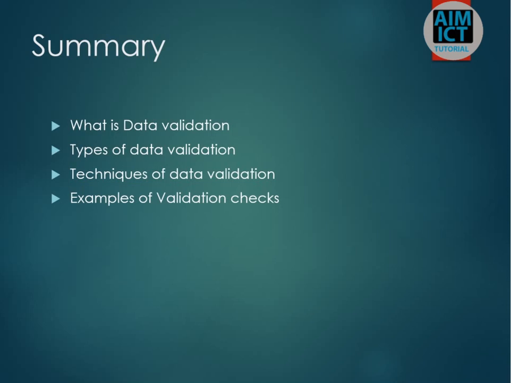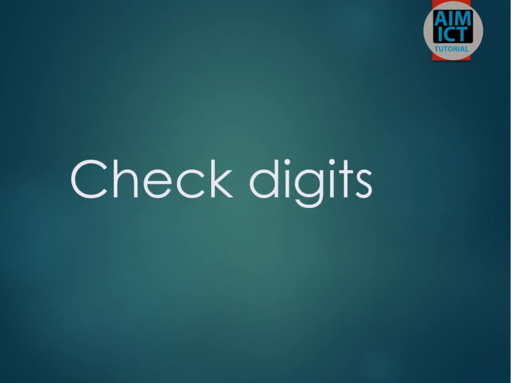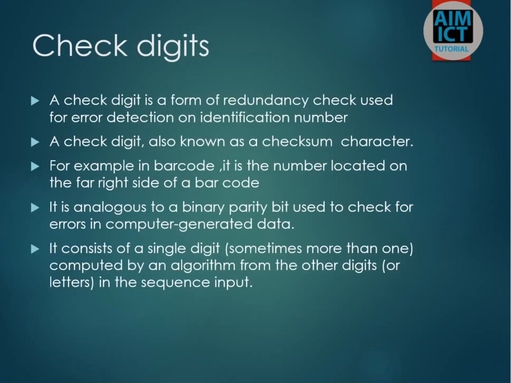Now we are going to see something called validation checks. What is a check digit? Today we are discussing validations, so anything is in terms of validation. A check digit is a form of redundant check used for error detection or identification in numbers. A check digit, also known as a checksum character. For example, on a barcode, it is a number located at the far right side of the barcode.